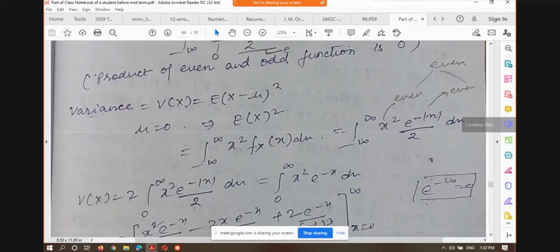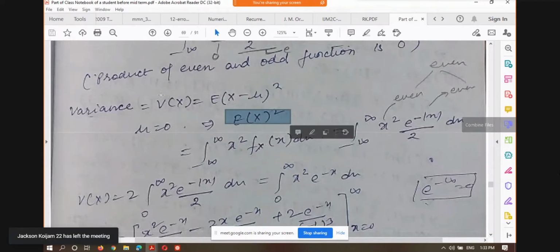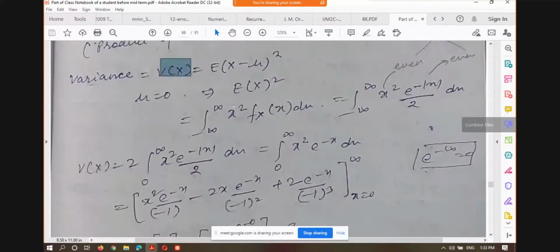Or directly here in this case, since the mean is 0, we have substituted the value of mu as 0. So it means the expectation of x square in this particular example becomes the variance of x, as the expectation of x is 0. Now you can write x square, because it is the expectation of x square.